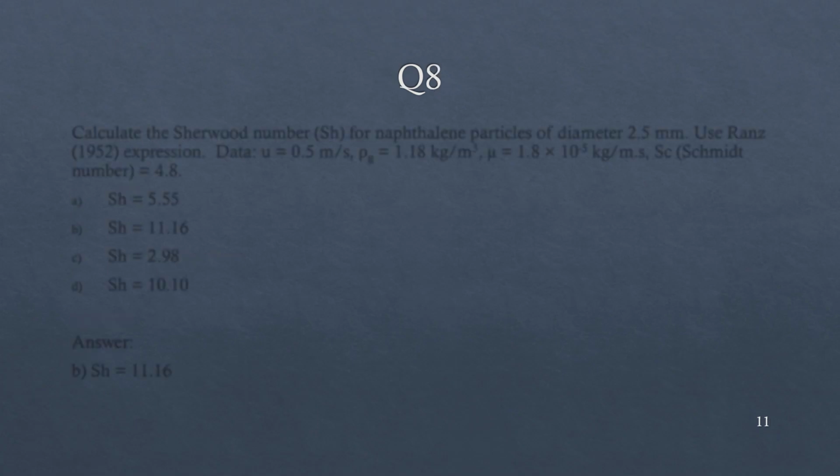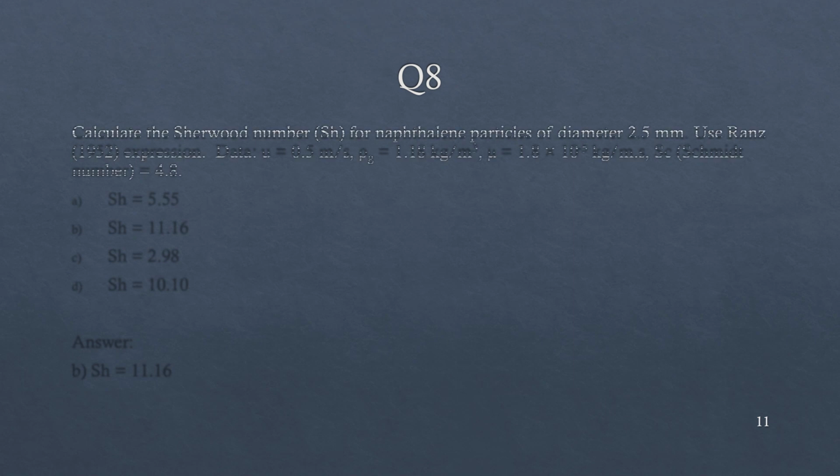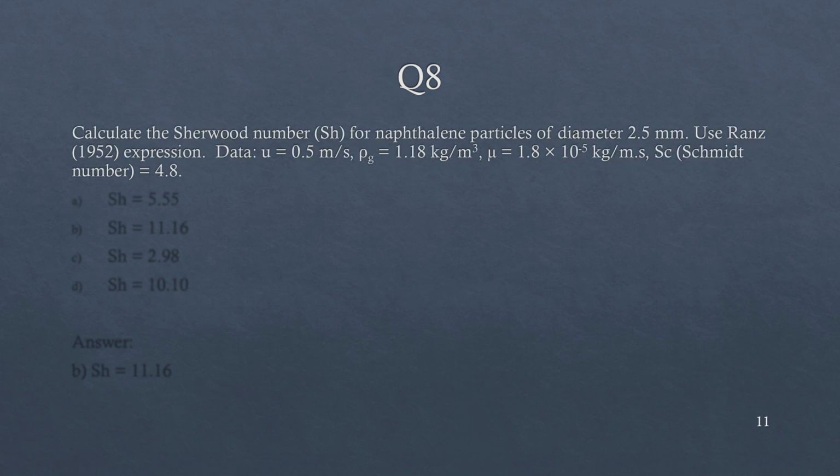So we'll go to question 8. It is a problem. Calculate the Sherwood number for naphthalene particles of diameter 2.5 mm. Use Rand's expression, where the data given is U equal to 0.5 meter per second, density of gas is 1.18 kg per meter cube, viscosity of gas is 1.8 into 10 power minus 5 kg per meter second, and Schmidt number is 4.8.